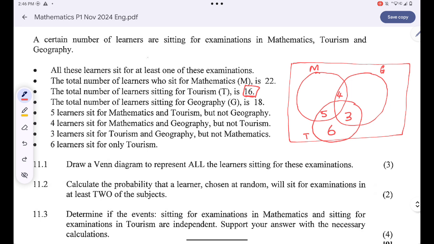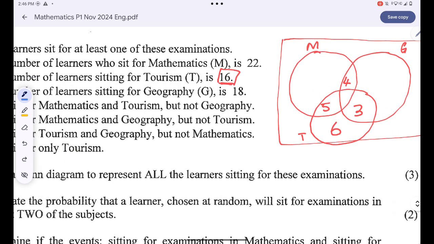I simply have 3 plus 5, which is 8. 8 plus 4, that's 14. So this number is not 16, guys. So this simply means the other 2 learners are the ones who sit for all 3 examinations. Are you together? Because whenever I start counting, the number I should get is 14.